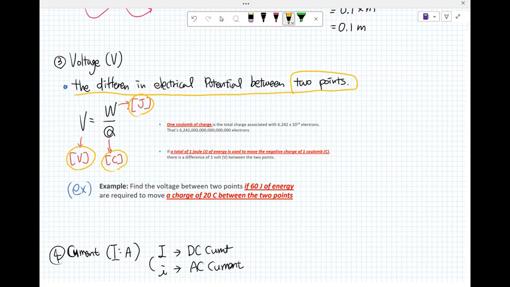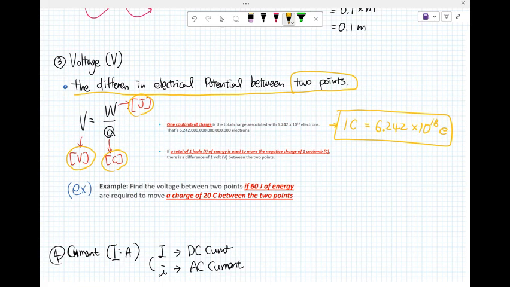I'm going to go over this really quickly because that is just a review, okay? And 1 coulomb is equal to 6.242 times 10 to the 18 electrons, okay? All right.